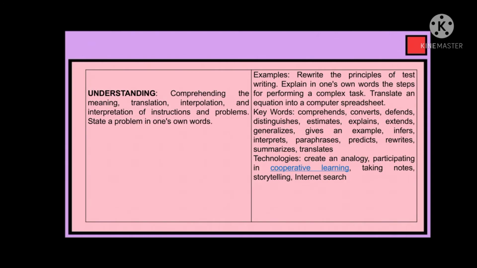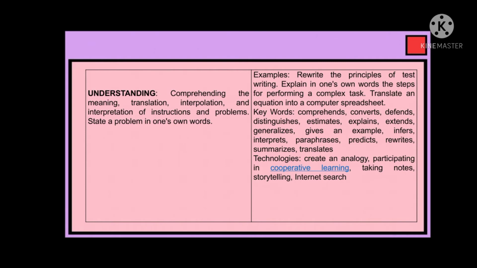Next is understanding. It is comprehending the meaning, translation, interpolation, and interpretation of instructions and problems. State a problem in one's own words. For example, you can rewrite the principles of test writing, explain in one's own words the steps for performing a complex task, translate an equation into a computer spreadsheet.